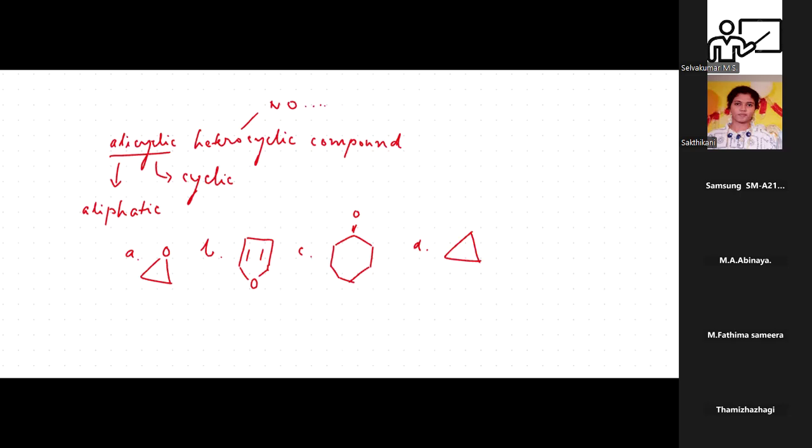Now see, first, this is not a heterocyclic compound because all atoms are carbon and hydrogen.